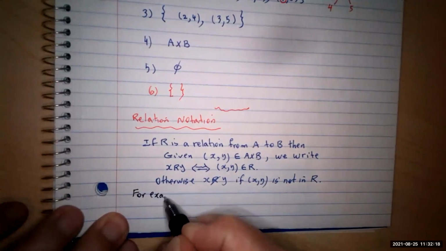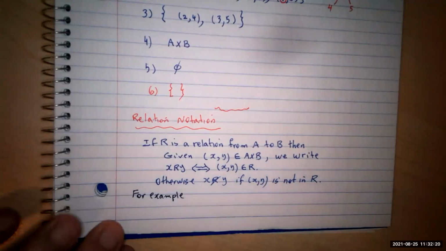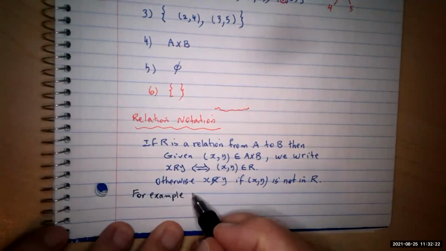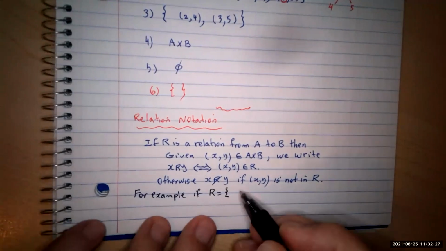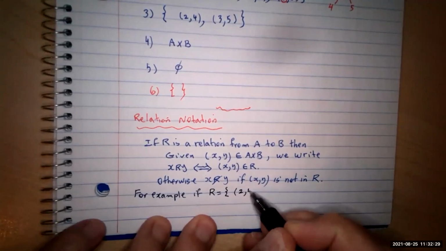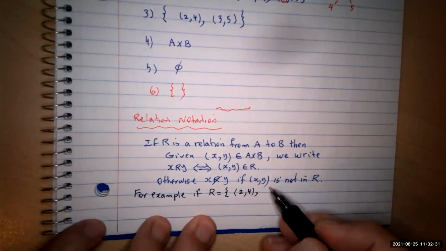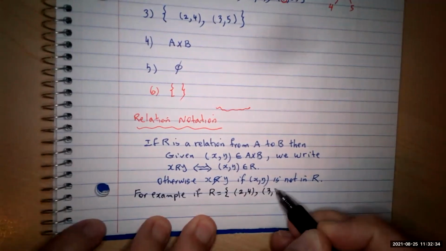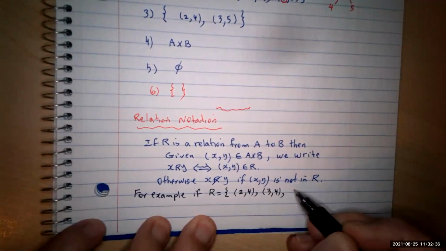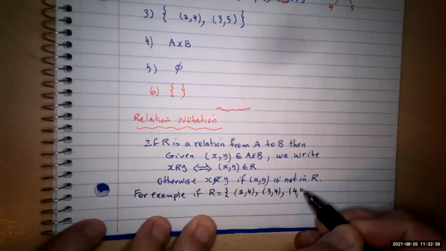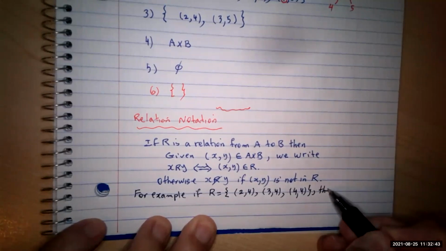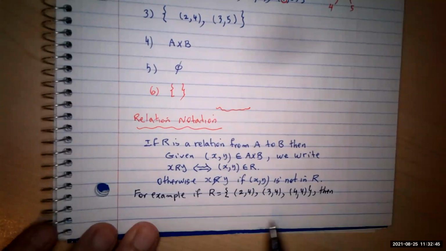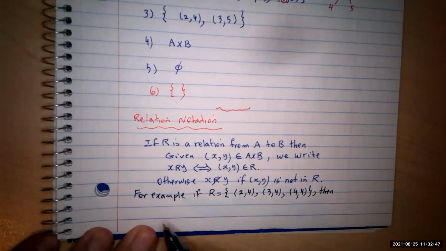Okay, so for example, this is a situation I'm going to have. If R is going to be a collection of (2, 4), then (3, 4), and (4, 4). If this is the case, then it's clear that (2, 4) is in R, so you can say that 2 is related to 4.